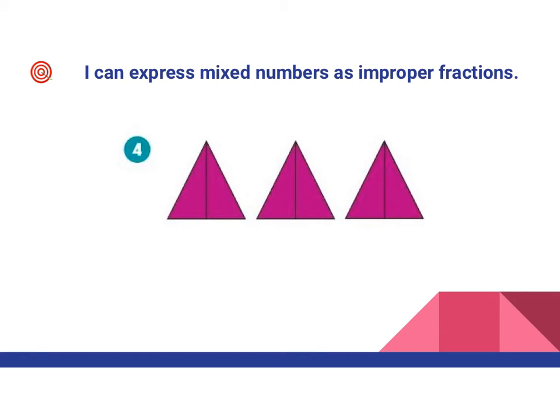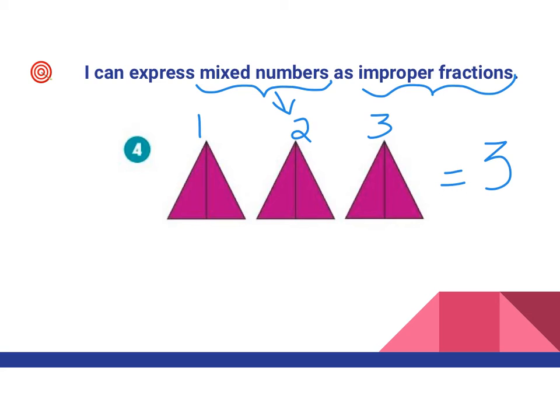What do you have here? What is this mixed number, or maybe it's not a mixed number in this case, and what is the improper fraction that you see here? You can pause, write your answer. Here we have 3 wholes.